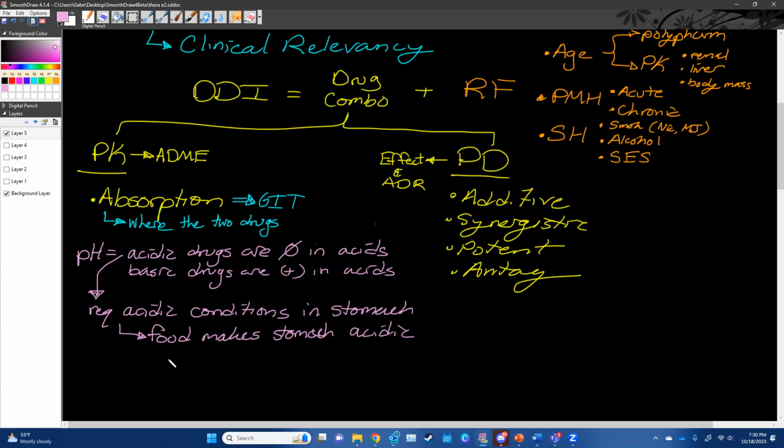So the drugs that she gives you are dabigatran, ketoconazole, and rilpivirine. For these drugs, do we want to take them with or without food?